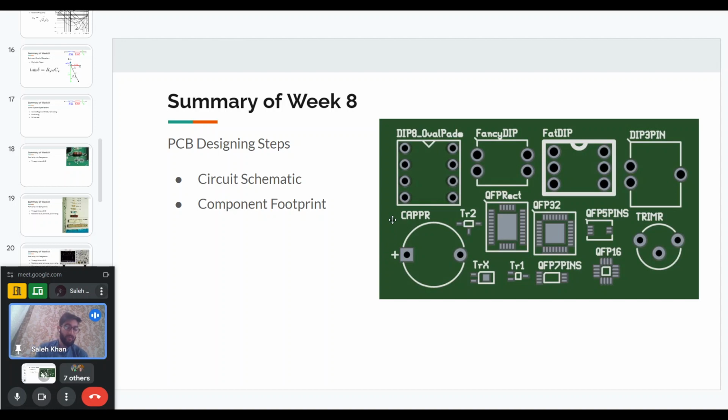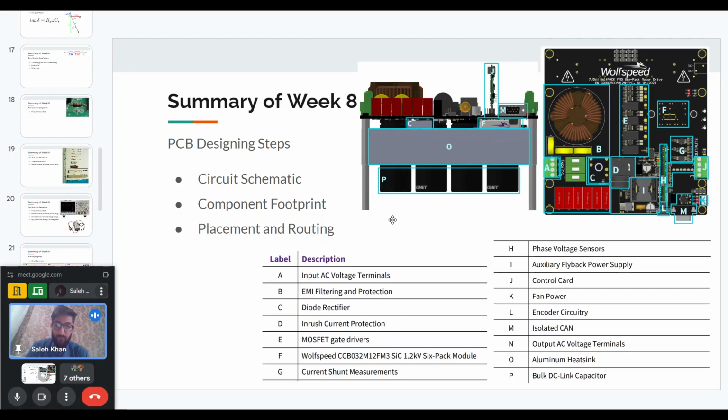All of these measurements are used to make the footprint of the component. And then finally, once you have the footprint, you have to place the components on the PCB, and then you have to route. Routing means connecting different components using PCB traces.